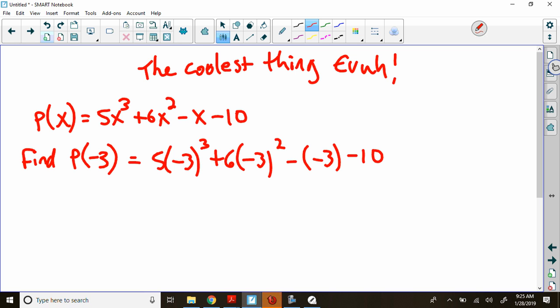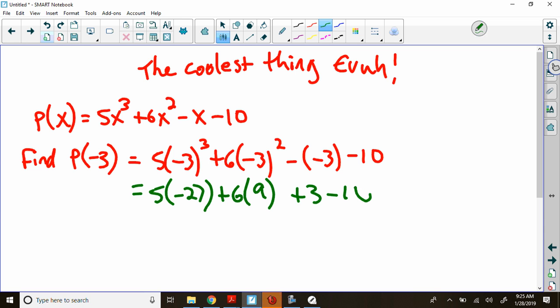And I'm telling you that this same procedure can be done just by adding and multiplying. Just by adding and multiplying. But anyway, this is going to be 5 times -27 plus 6 times 9 plus 3 minus 10. Let's see, 5 times 27, that's 135.